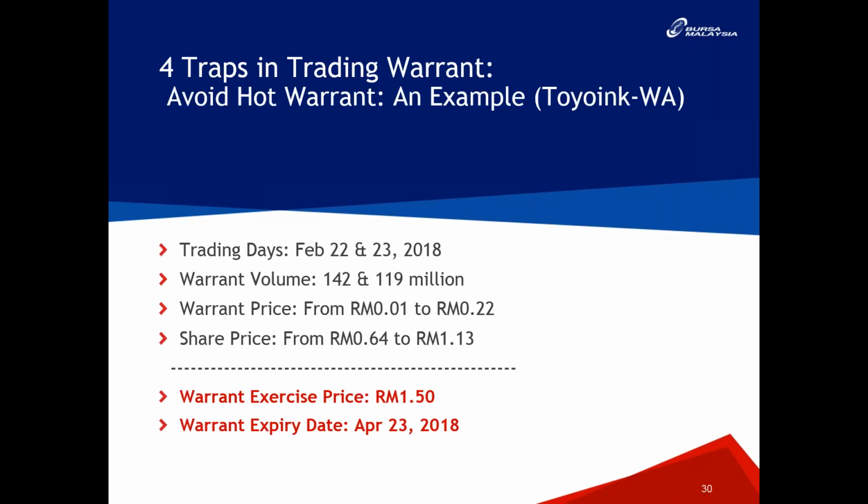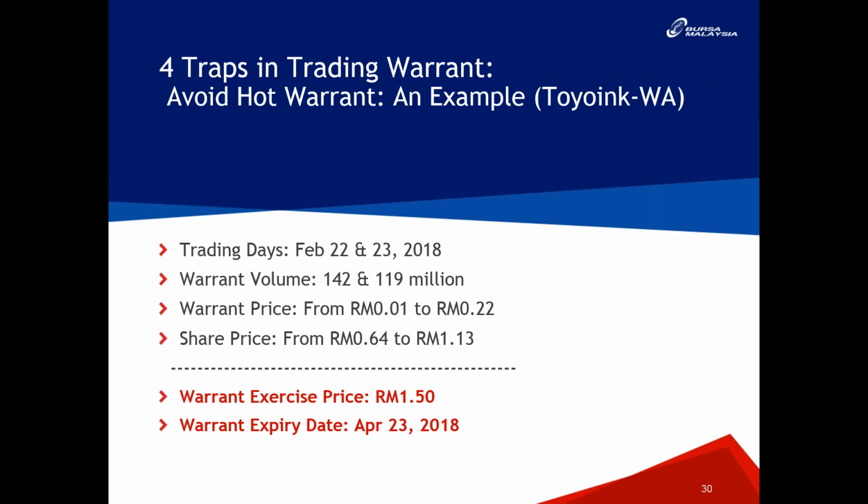Now, 2 months ago, now it's July, this was in February, so it was about 5 months ago. There were 2 days, February 22nd and 23rd. We saw this warrant, Toyo Inc. warrant, spike up from 1 cent in over 2 days.